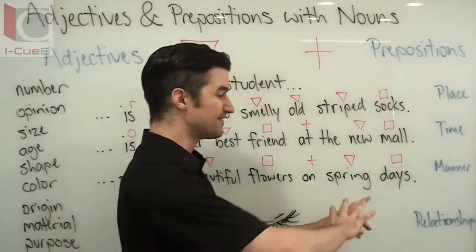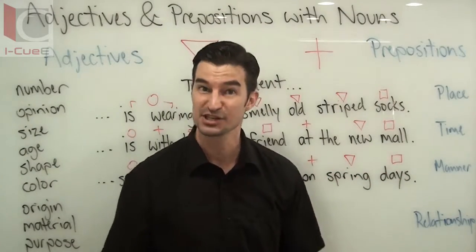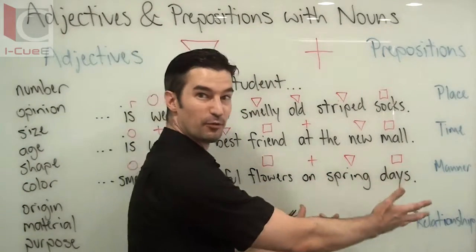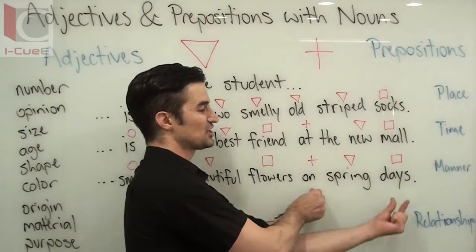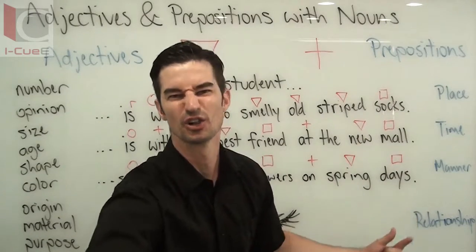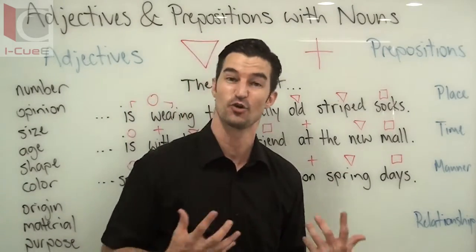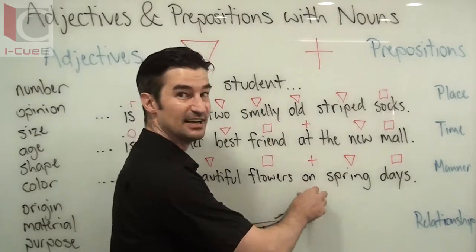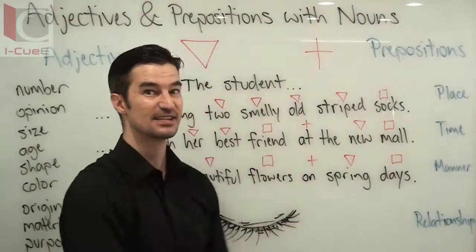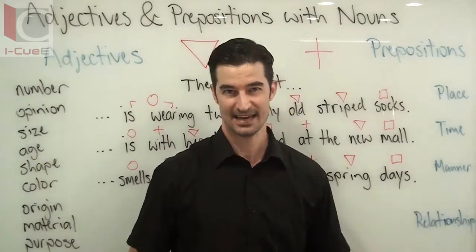And if we have what we would call a prepositional phrase, a group of words that starts with a preposition and ends with a noun, you'll learn more about them later. Just know that that's the general order. It's going to be preposition, any adjectives, and then the noun will be at the end.